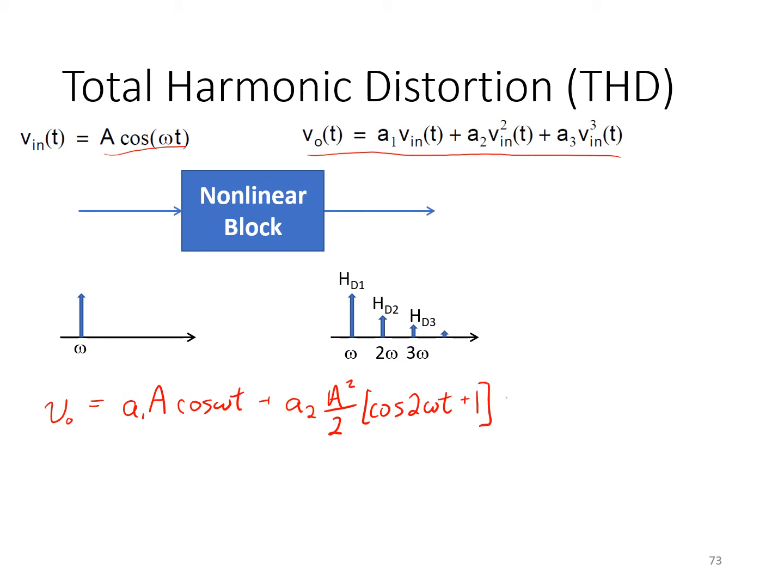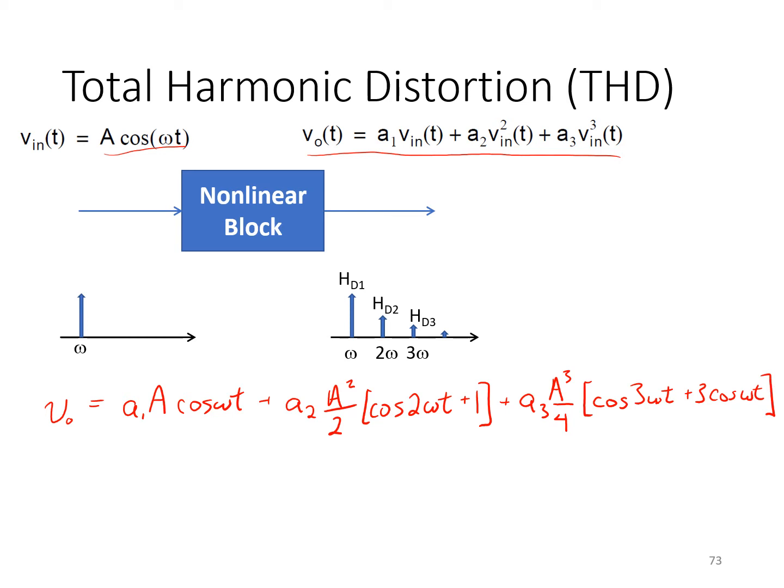And then you've got the cubic term, finally. You see, you can identify the terms by those coefficients A1, A2, and A3. And what you find is that the linear term gives rise to the dominant tone at the fundamental omega frequency.